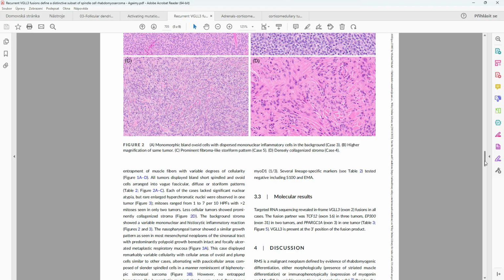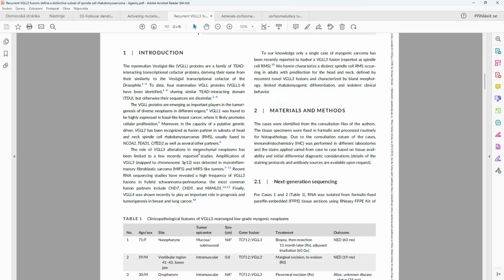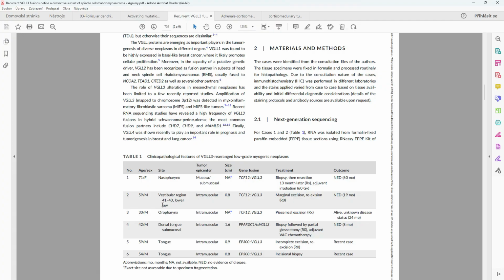They seem to be very typically located in the head and neck area. Is the location here somewhere, or is it a different table? Oh, here, perfect. Nasopharynx, oropharynx, dorsal tongue. So always this oral cavity area.